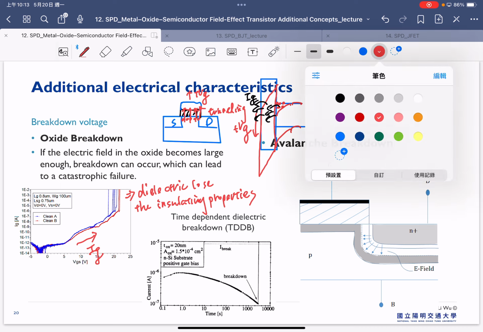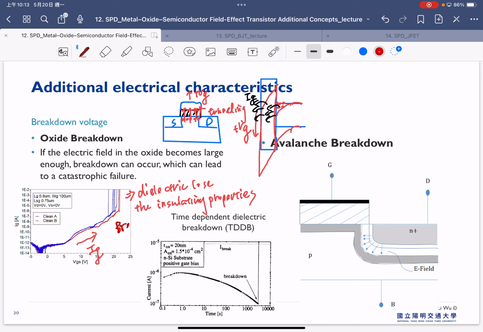And we just call this a breakdown. So if the electric field in the oxide becomes large enough, breakdown can occur. That means our dielectric is not insulating anymore, and then we can start to see the complete failure of our device here.